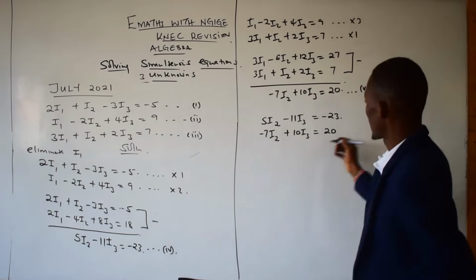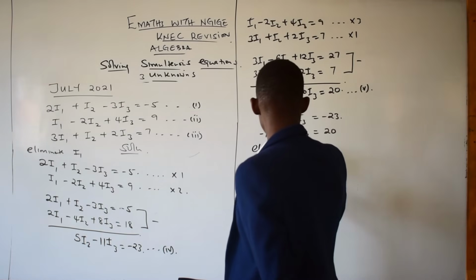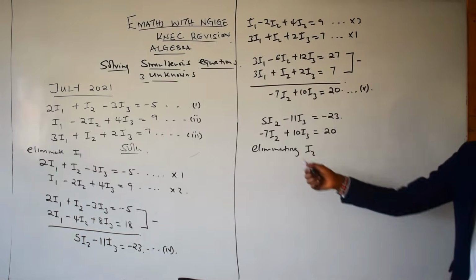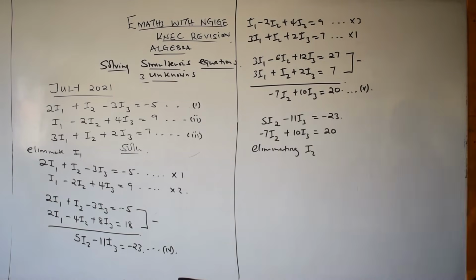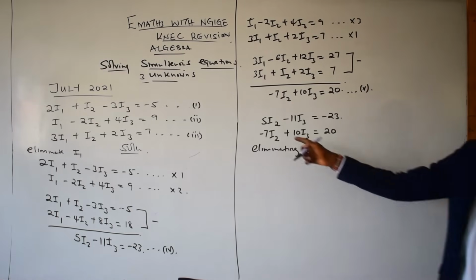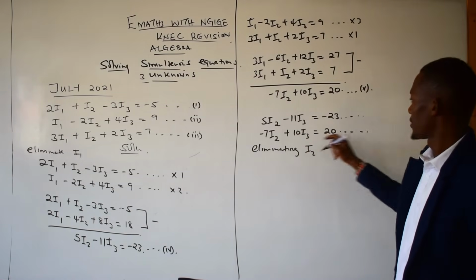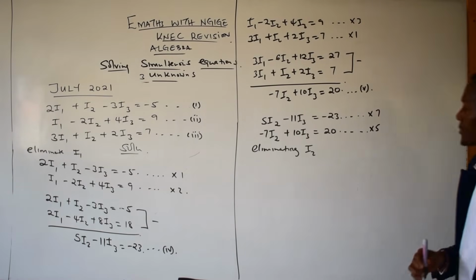So we multiply the terms, without regarding the negative, just take the term as it is. We shall multiply by 7, and we shall multiply by 5.